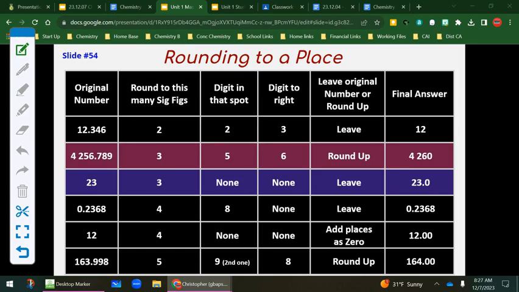This will become a little bit easier when we actually start making measurements with sig figs. And here's the problem. Our balances read to 3 places beyond the decimal. So when you measure something on a balance, you're probably going to get about 5, maybe 6 sig figs out of your number.